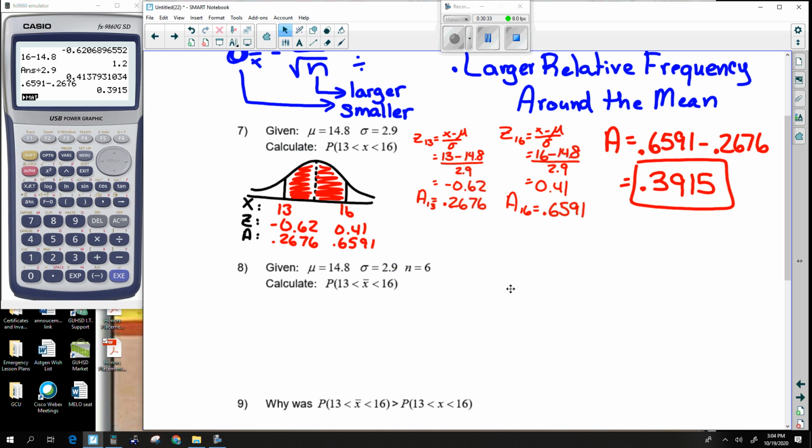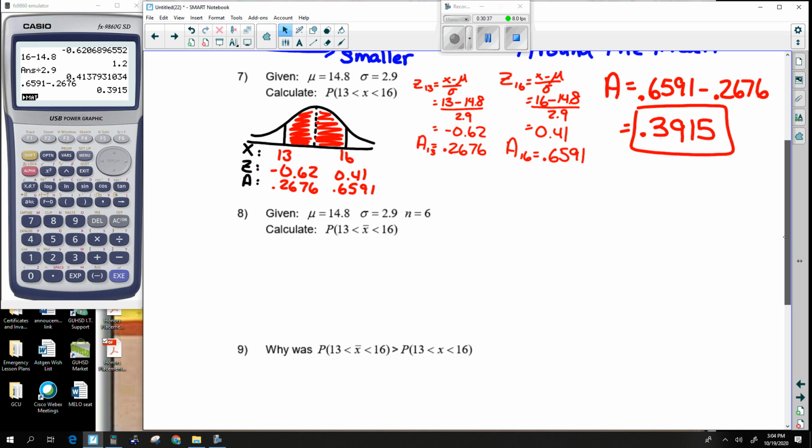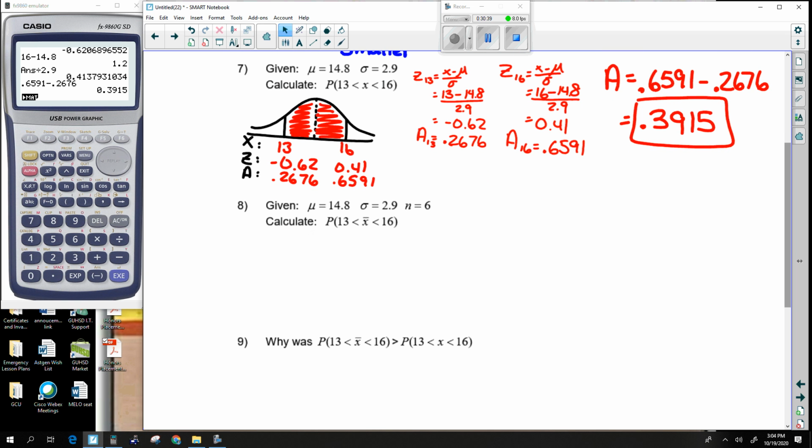Okay. The next one is the same problem, but this has an X bar, so I do the exact same process. However, because it's an X bar, I have to get a different sigma. So the sigma that I need to get in this case is going to be sigma divided by the square root of n.